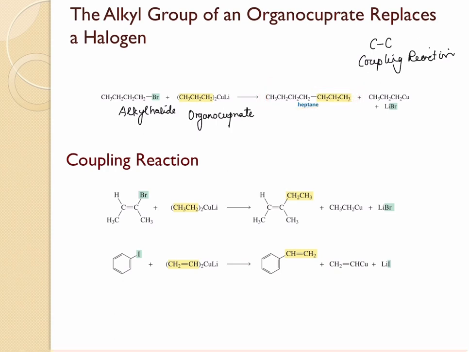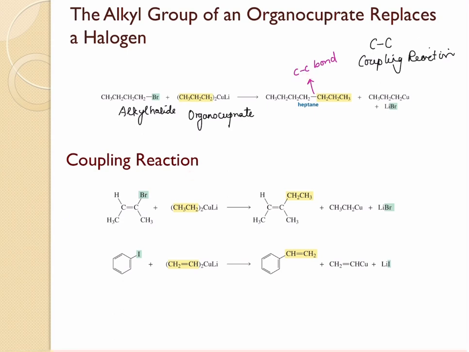You can see the new carbon-carbon single bond that is formed. The other alkyl group from the organocuprate gets coordinated with copper. This reaction, where we take advantage of the organometallic compound to synthesize a new carbon-carbon single bond, is called a coupling reaction.